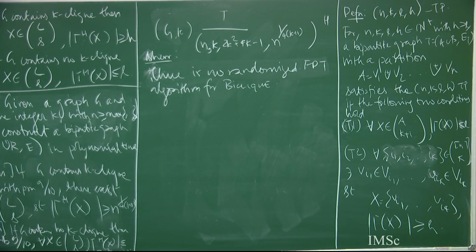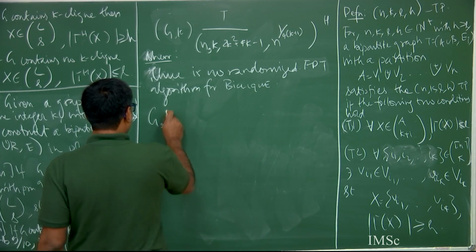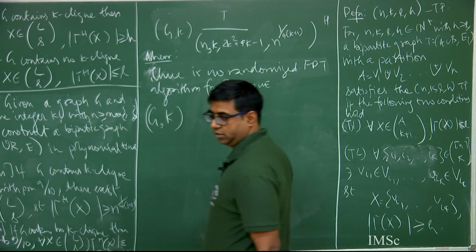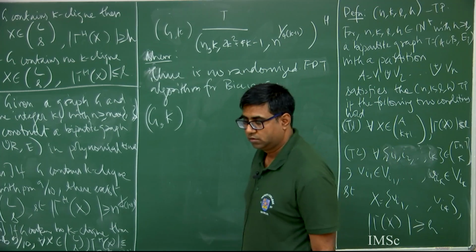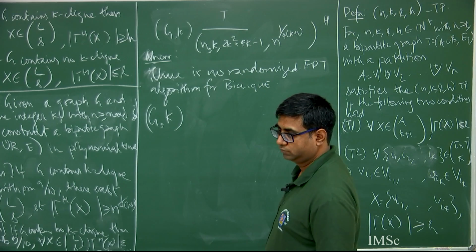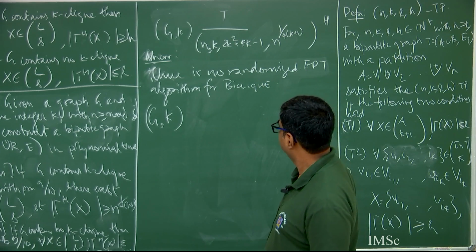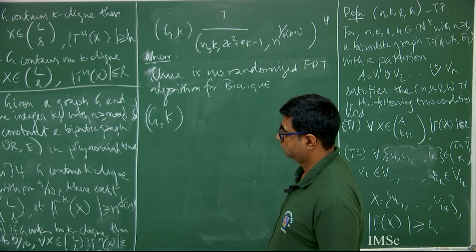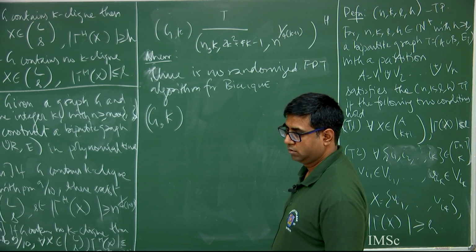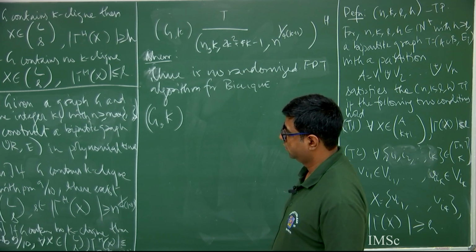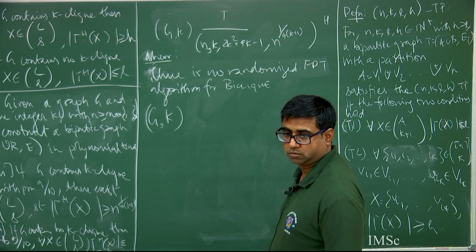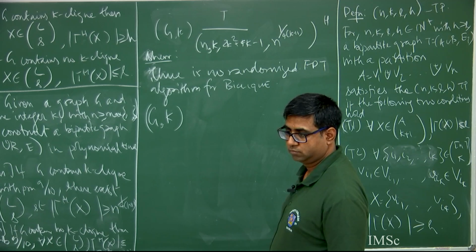Given a graph G comma k, I apply my construction. Why will we get that? We have to get that from W1-hardness of clique.